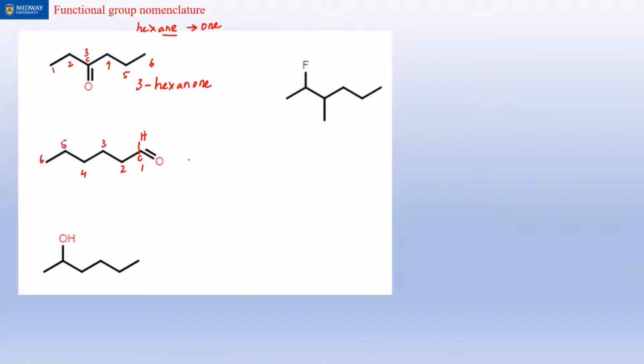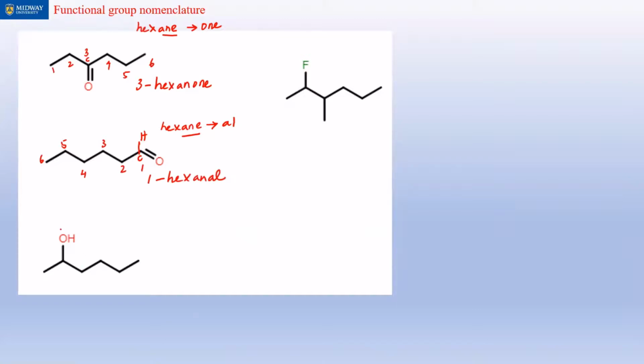Aldehyde means it's an AL, so it's a 6-carbon chain, and we replace the E with AL, and the functional group is on the first carbon. So an aldehyde can never be 2 or 3-hexanal, it's always 1. Whether it's hexanal or pentanal, it doesn't matter, it's always 1. So it's 1-hexanal, because it's on the first carbon.